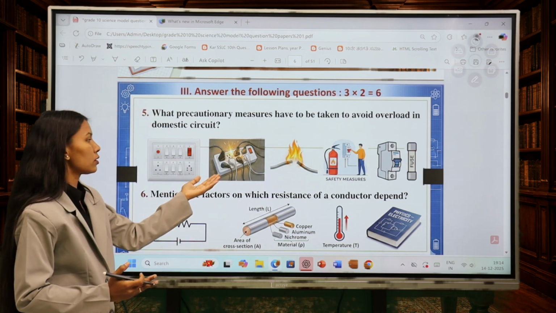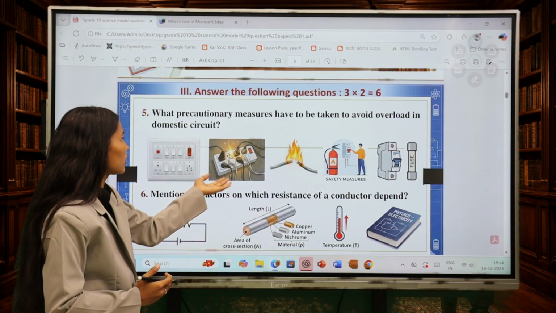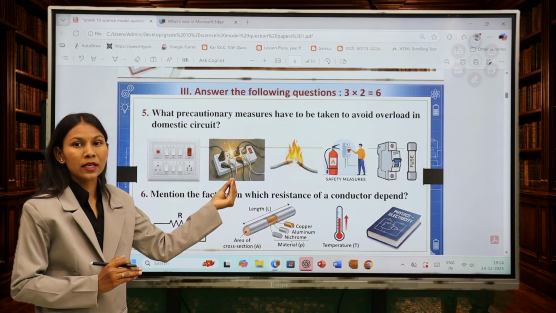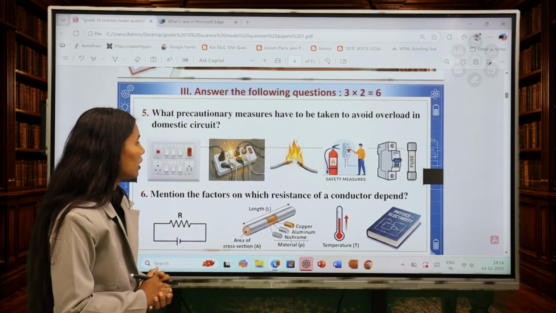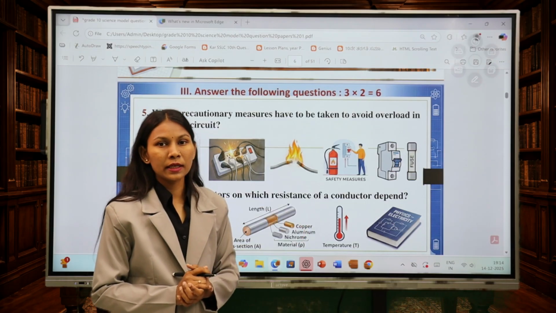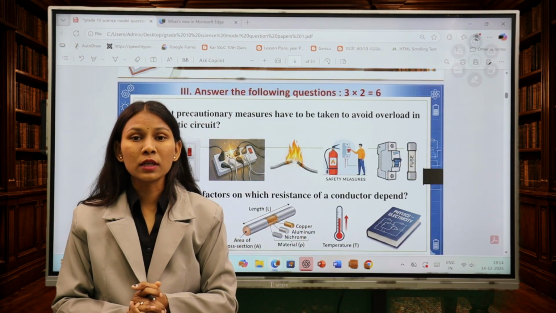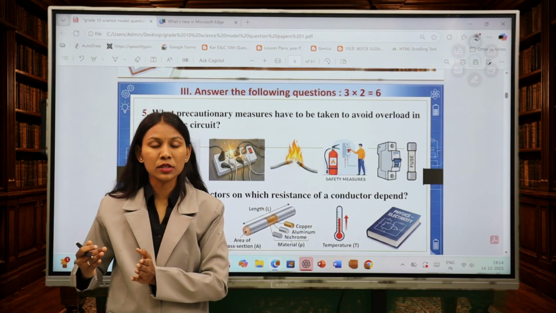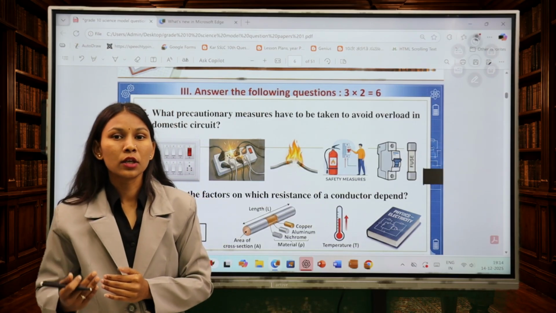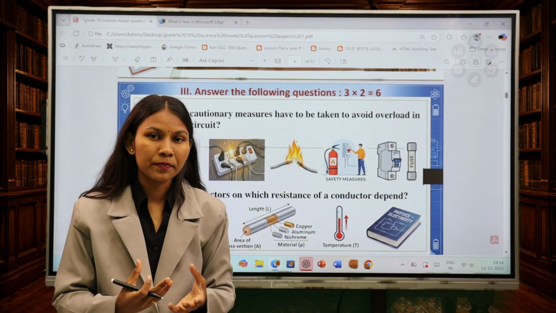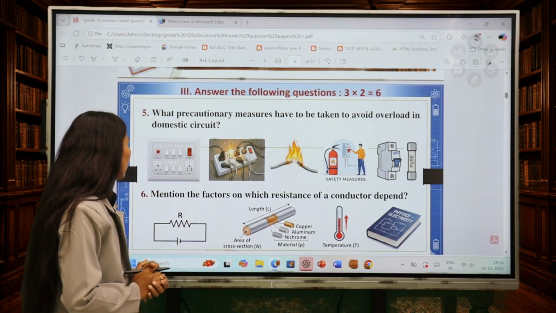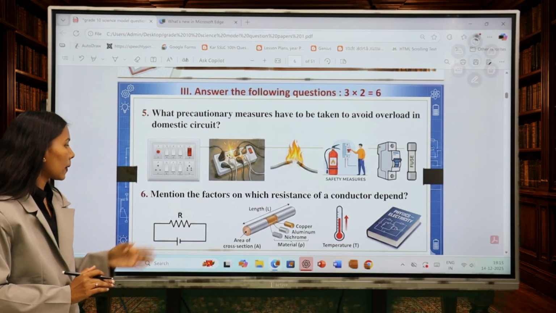As you can see here, this is a wrong method. This may damage or create the overload. Next, safety measures should be taken, for example using the fuse, which will prevent the damage that would be caused by the current to the home appliances. Got it? Yes.